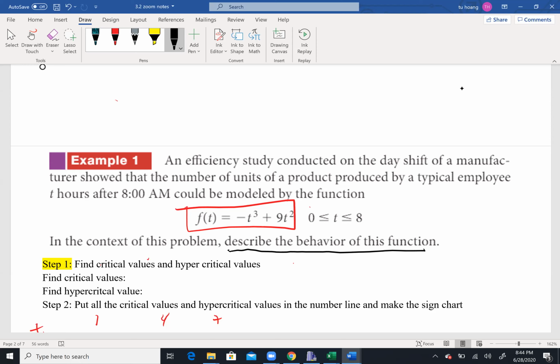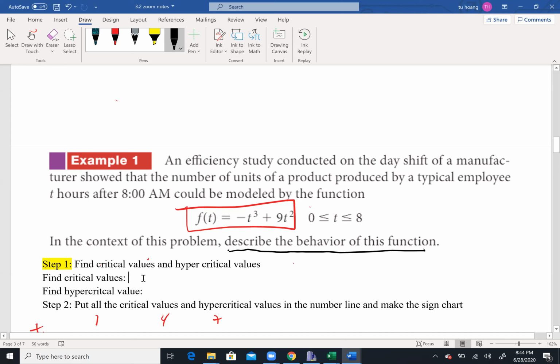Today you're going to know the concavity, combined with increasing, decreasing, and the maximum and minimum. So at the first step, I have to find the critical values for this function.